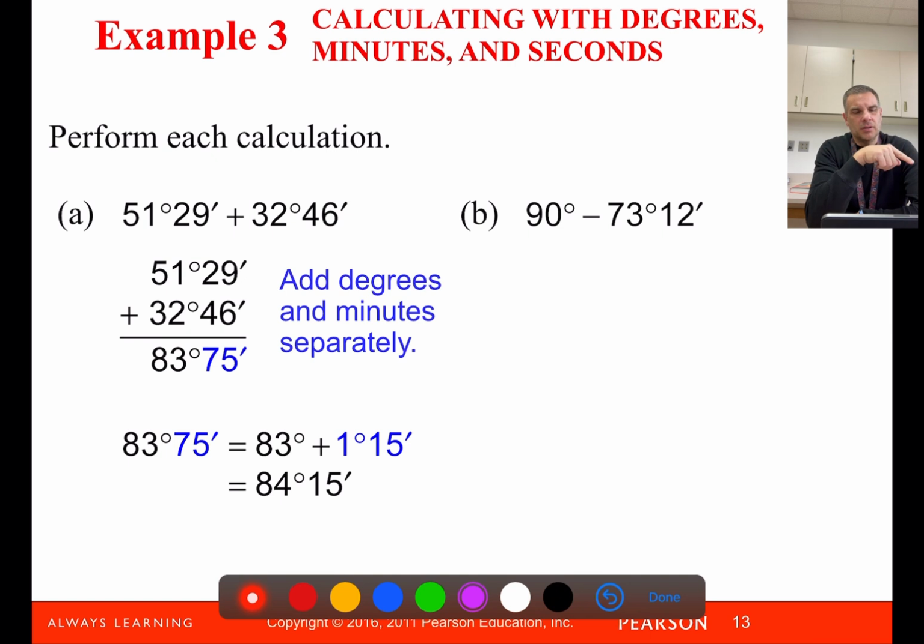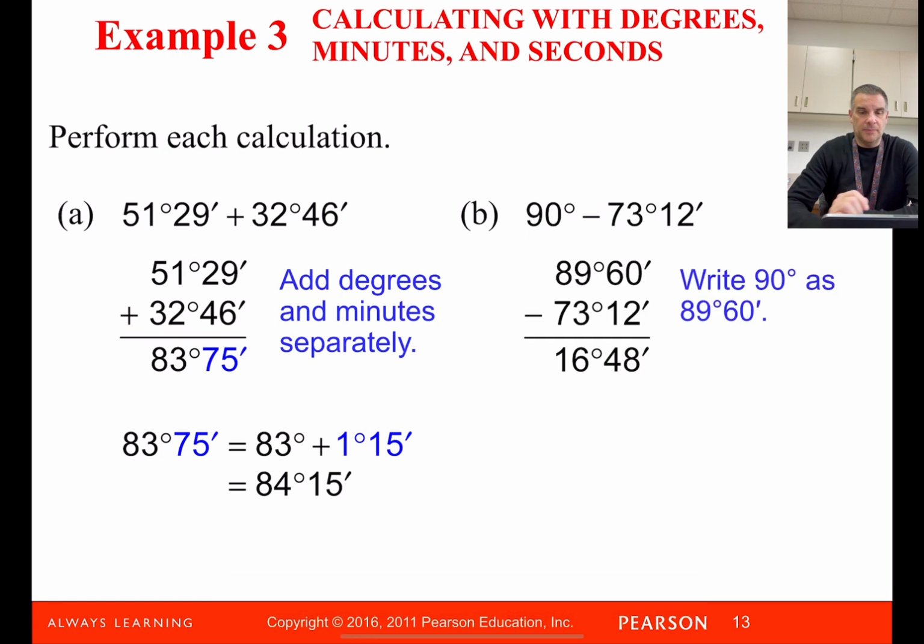That's why it becomes 84, and then we've got an additional 15 minutes left. So you get 84 degrees and 15 minutes. Anytime you get over that barrier of 60, you have to be a little bit careful.